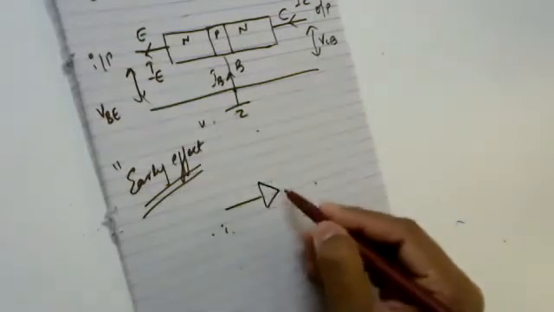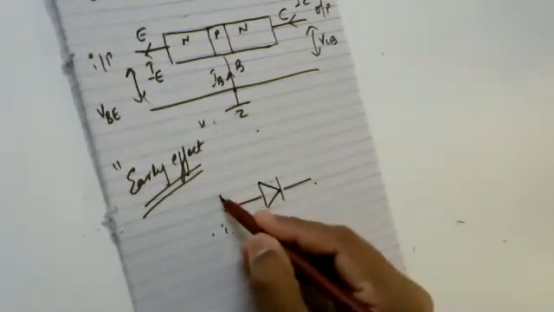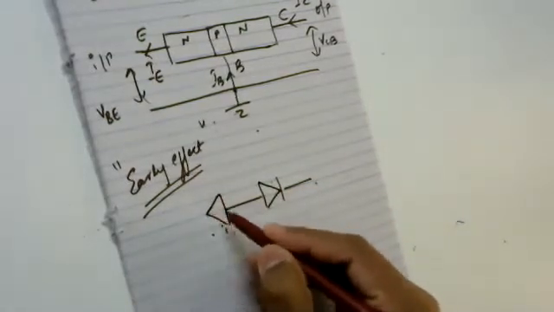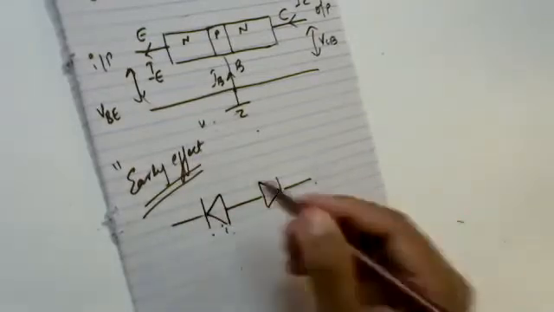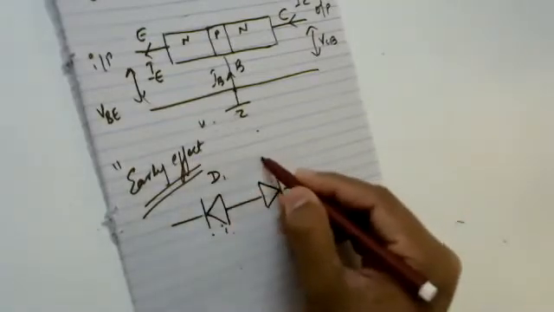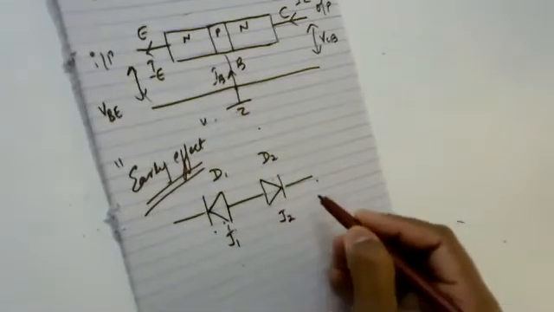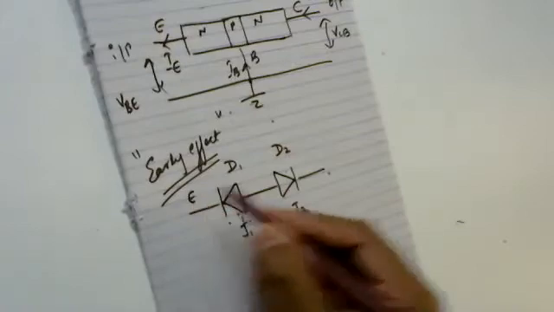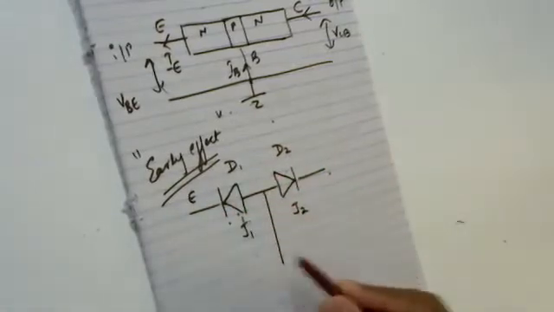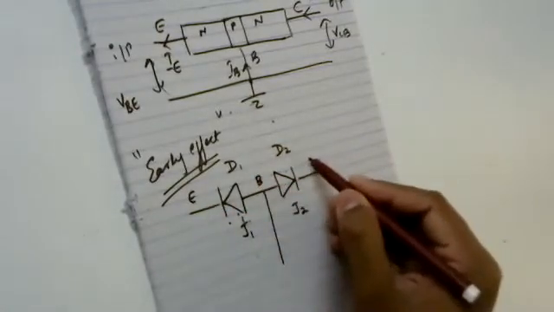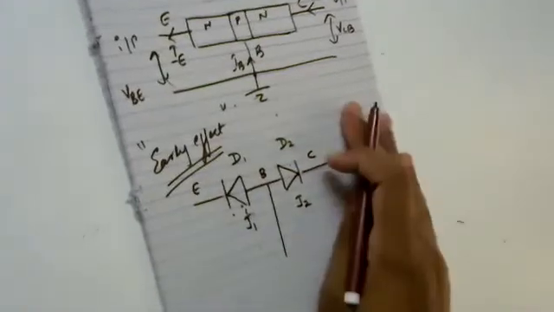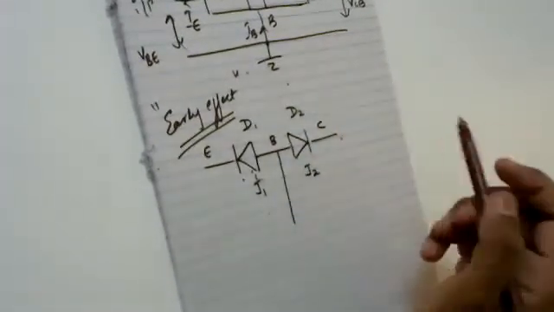This is one diode, this is the other diode. Let me say this is diode D1 and diode D2, hence this is junction J1 and junction J2. This indicates your emitter, this indicates your base, and this indicates your collector. Is it clear to you?